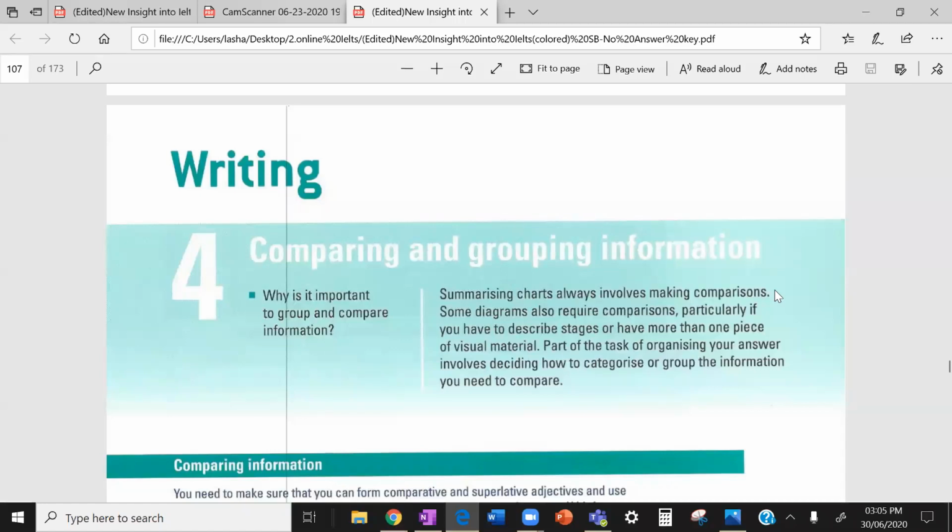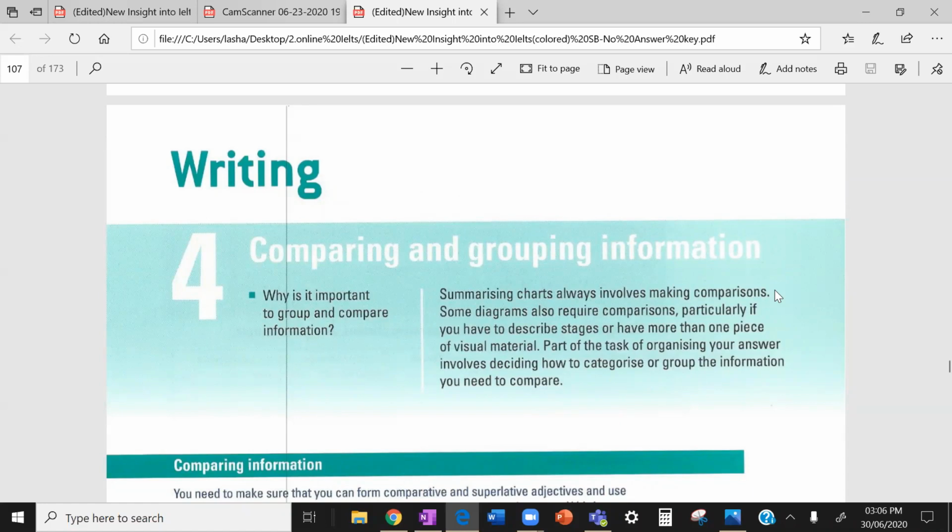Today we are going to cover writing, and mainly the topic is comparing and grouping information. When you are writing something, this is task 1. What is important to group and compare information? Summarizing charts always involves making comparisons.